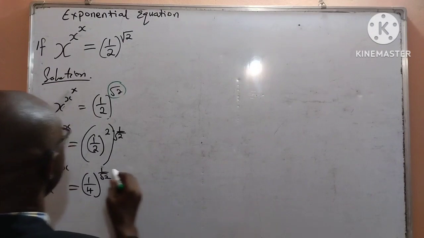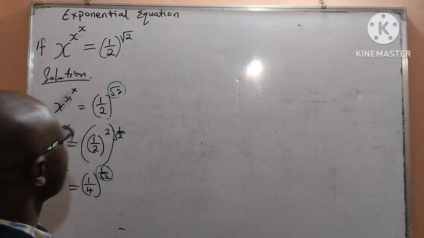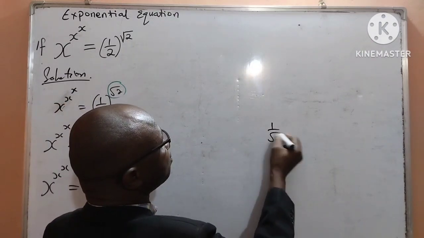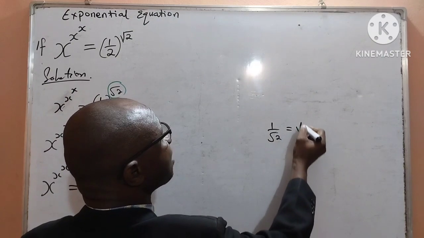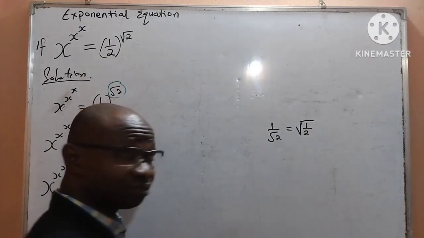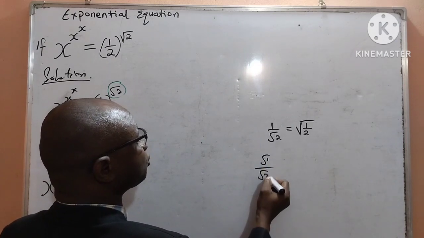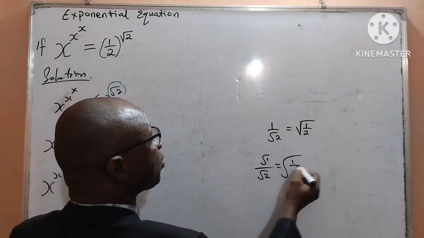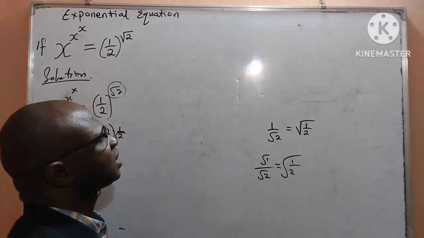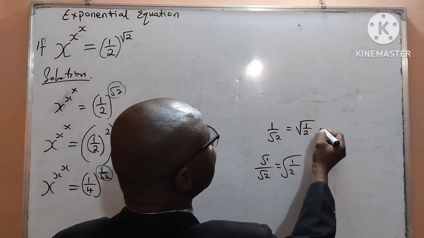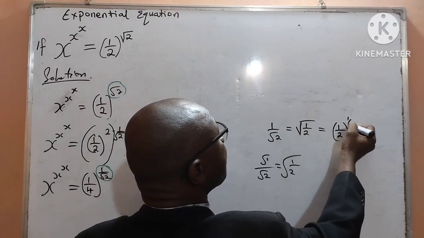We want to work on this place. Therefore, 1 all over square root of 2 is the same thing as the square root of 1 over 2, because square root of 1 over square root of 2 is equal to square root of 1 all over 2 according to the law of surds, which means I can still write this as 1 all over 2, all raised to power 1 over 2.